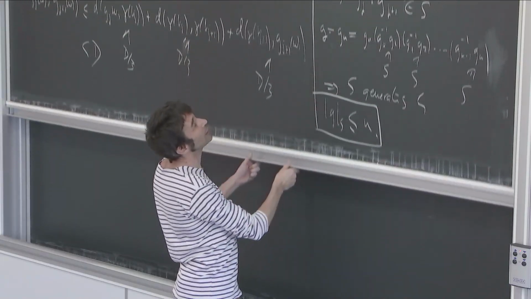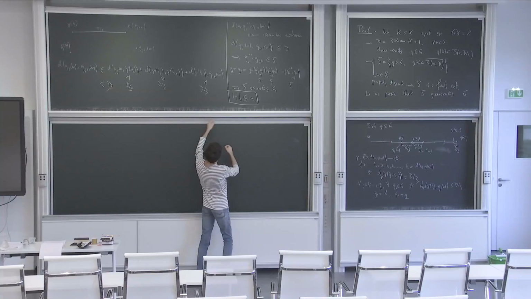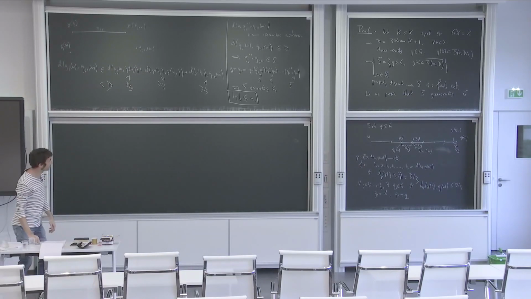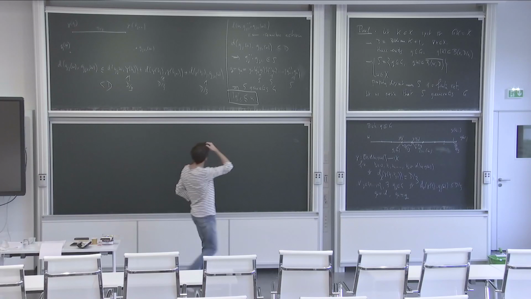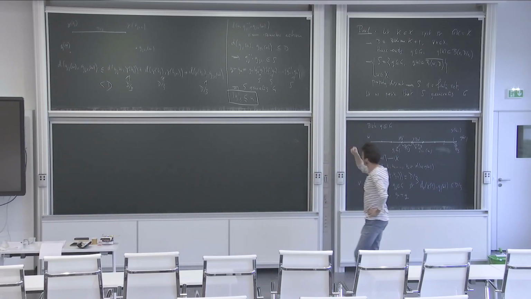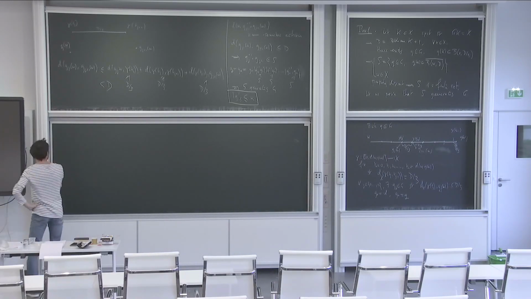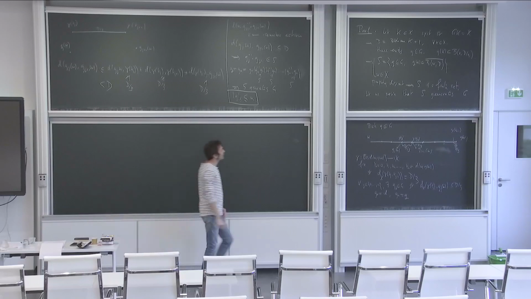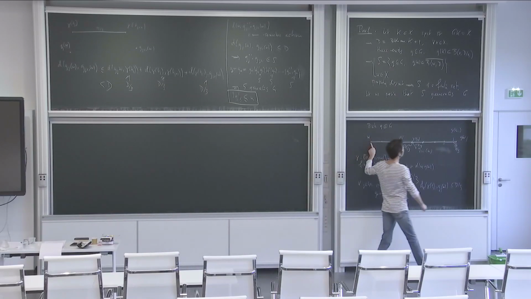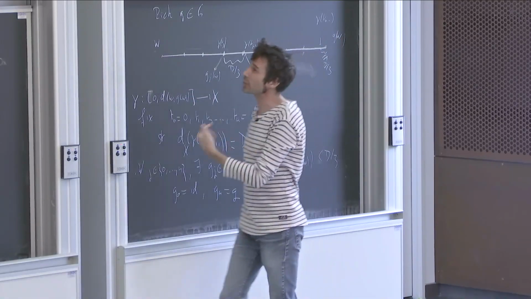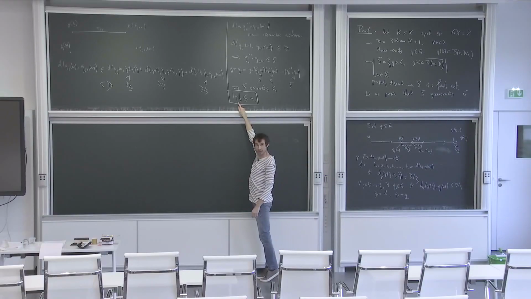So now I have to see that I have a control between the distances. So how does it work? So I want to compare the distance from W to G of W with respect to my norm with respect to S here.